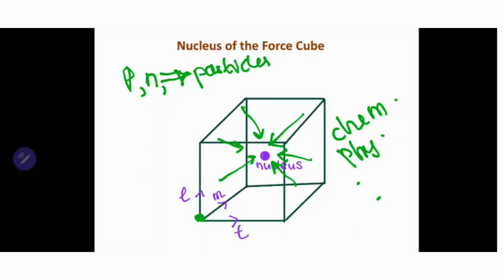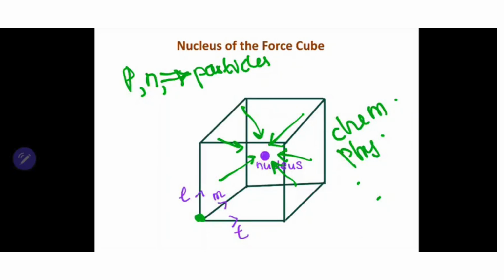Protons and neutrons are actually made out of particles. The scientists have introduced a standard particle model for protons and neutrons and other stuff in the universe. But the nucleus of the force cube is completely different from the nucleus that scientists are familiar with today.